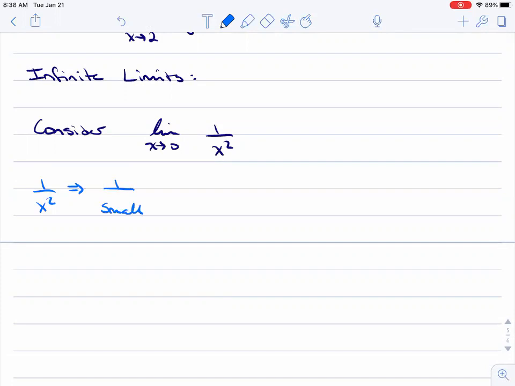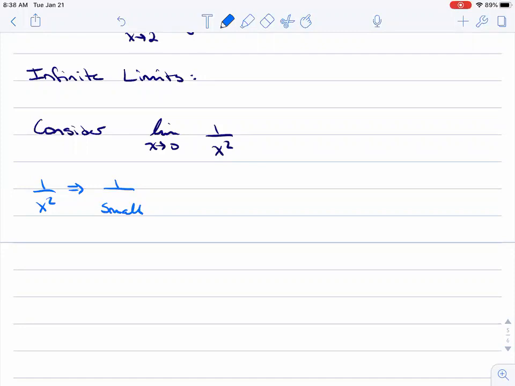We can't divide by 0. But as x becomes a really, really small number, then x squared is also going to be a really small number. And so 1 divided by a small number is going to make a really big number.